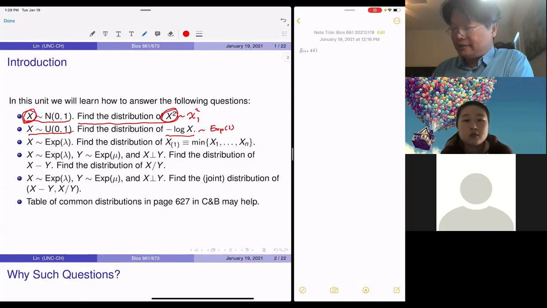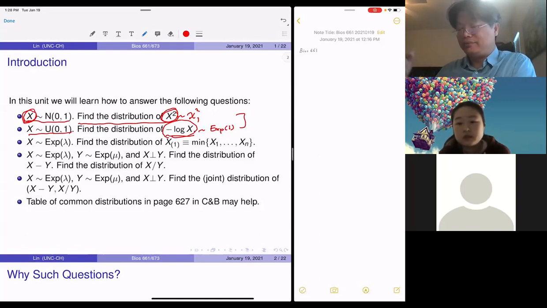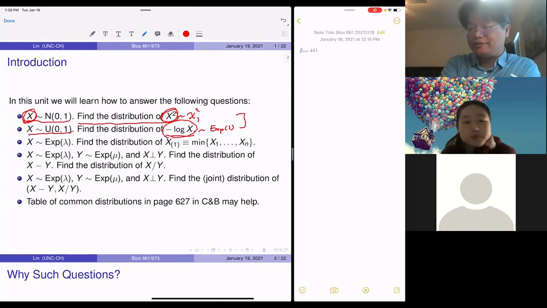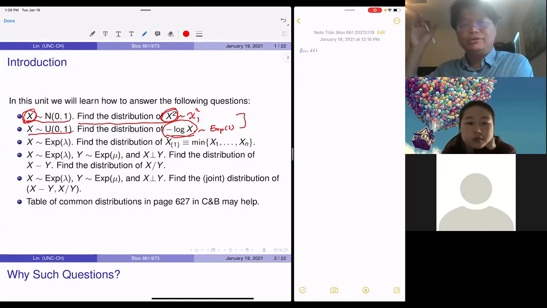The same thing is minus log X, also a function applied to the original variable X. Hopefully these two distributions become natural to you after this class, which means whenever you see X normal(0, 1), you would know automatically X squared is chi-square 1 already. Okay, good. This kind of function transformation is so obvious to you, I think.